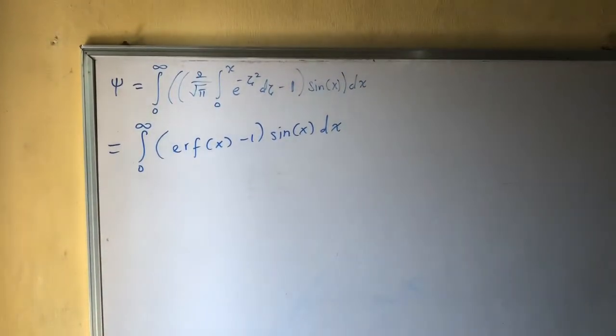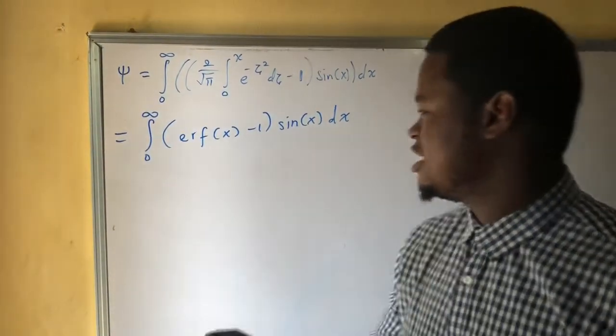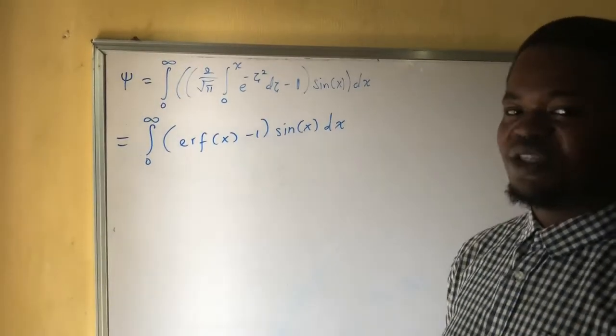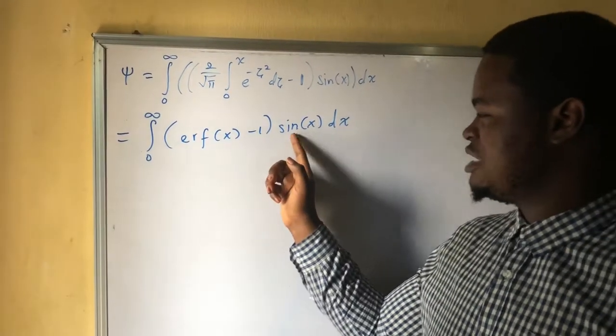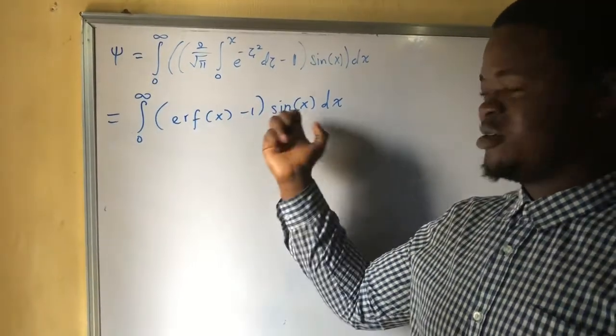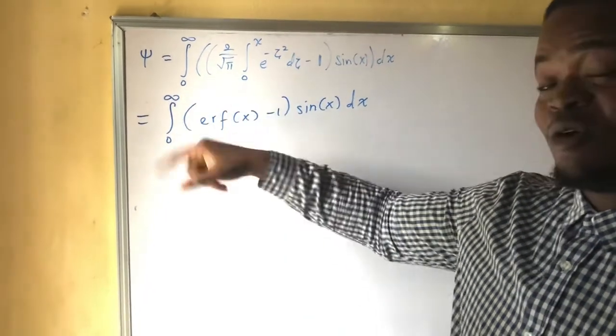Yes. Now, the next thing that should come to our heads, I think, is that maybe we should open the brackets. But if we open the brackets, we would have sine x times the error function of x, and we also have minus sine x. Don't forget, look at the bounds, it may not converge.